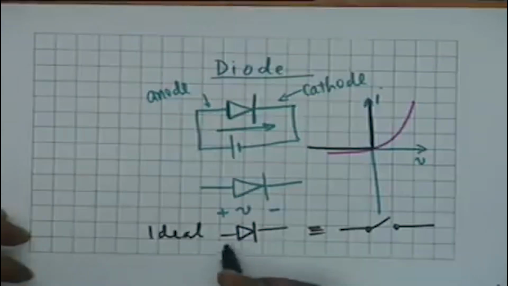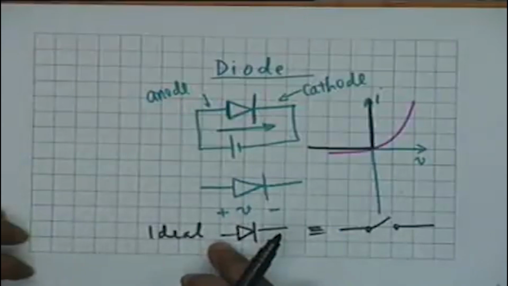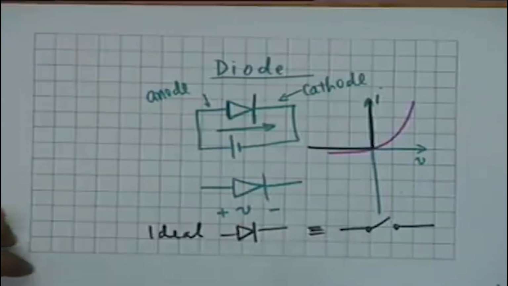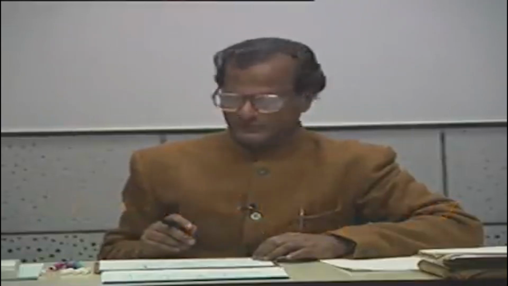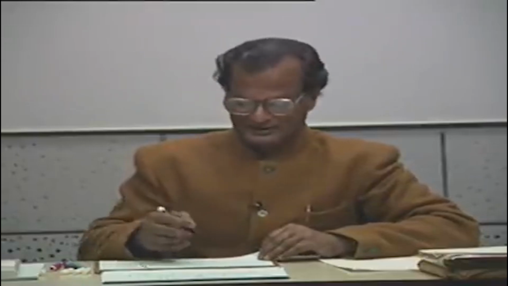When the diode is biased in the forward direction, that is, the anode is positive with respect to the cathode, the switch is closed. When it is biased in the reverse direction, that is the anode is negative compared to the cathode, then the switch is open, no current flows. And therefore, if an ideal diode is simply connected, one should not do that, but on paper there is no harm.